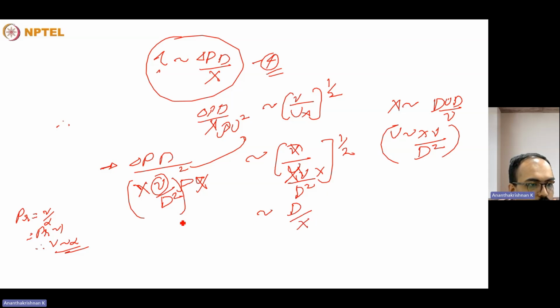Here on the left hand side is delta p d divided by rho x squared nu squared, or alpha squared, divided by d raised to 4. X gets cancelled, d gets cancelled.